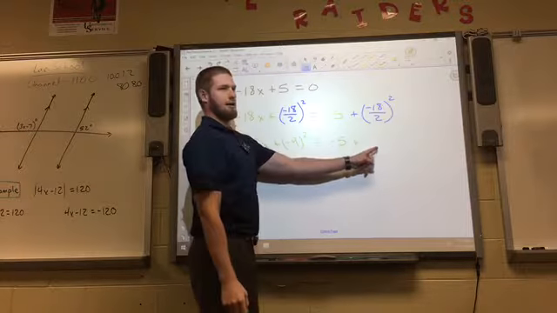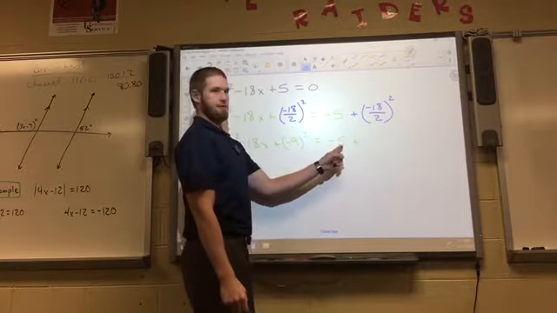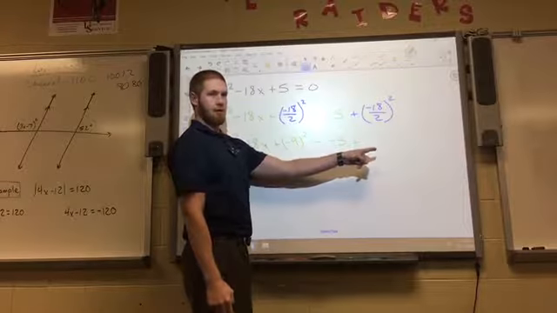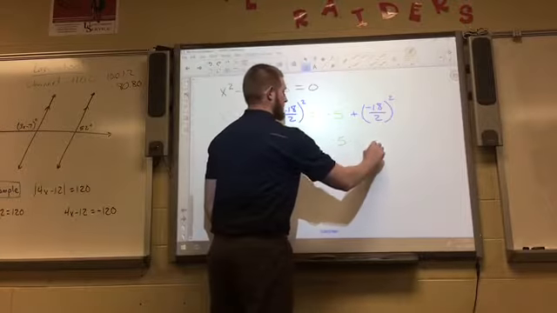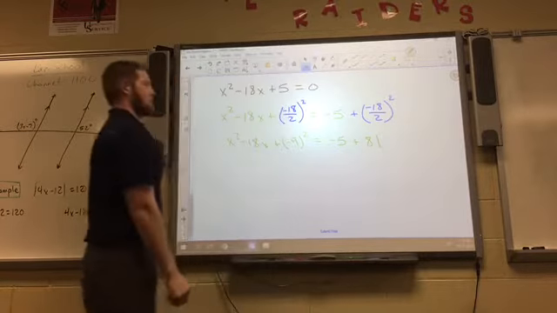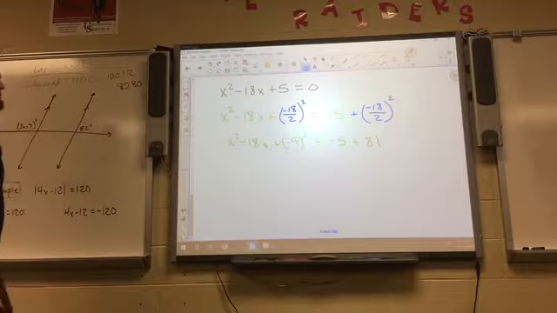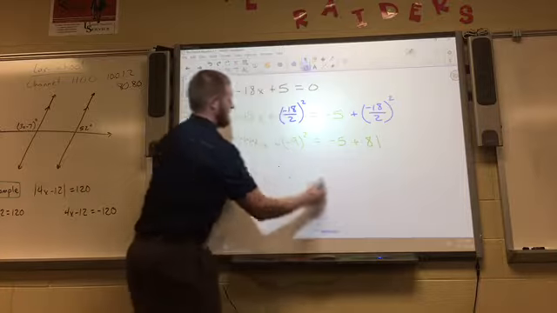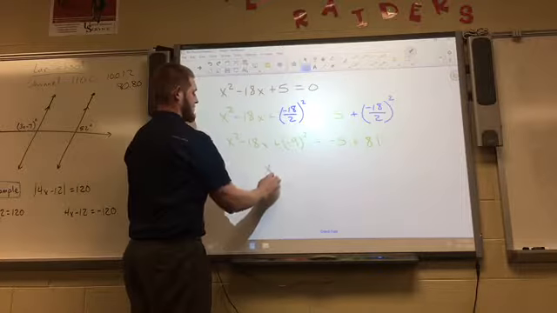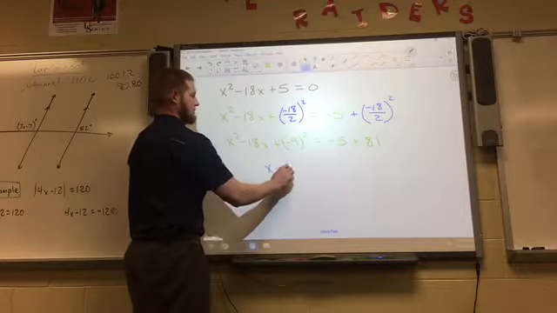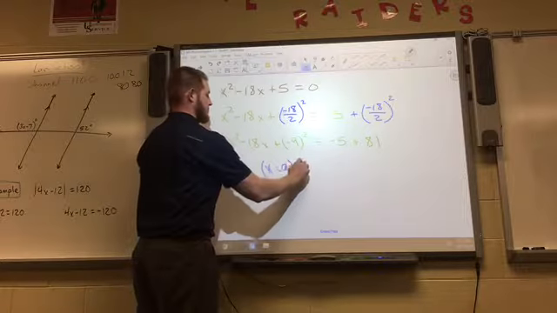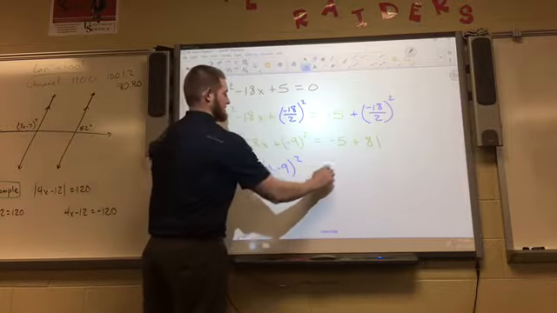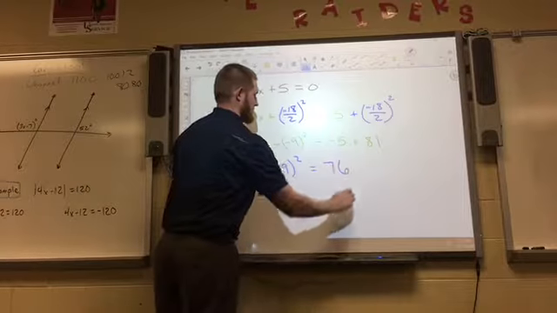I'm going to get negative 9 squared, but I'm going to have to add it to 5, so I might as well just turn it to 81. So now this side factors to x minus 9 squared, and this side adds to 76.